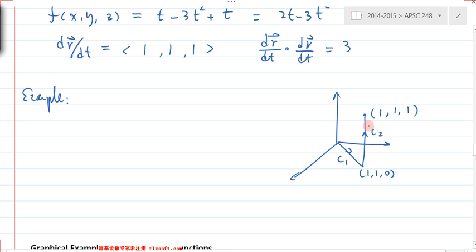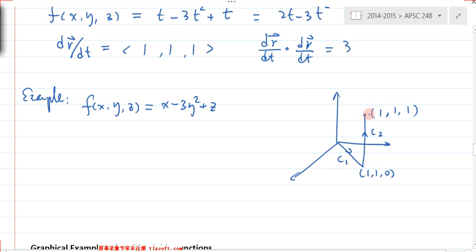What we did is derive the parametric equations for C1 and C2. So let's do the same thing. Suppose I want to integrate the same function f of x, y, z as in the previous example, x minus 3y squared plus z, along this curve C1 and C2.